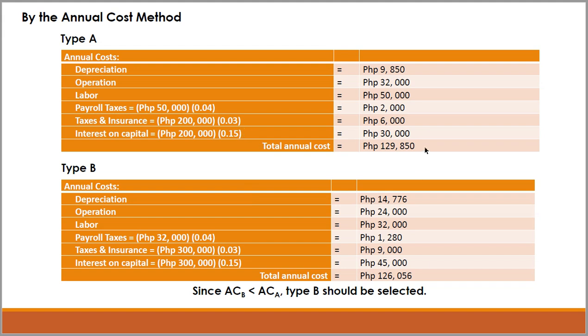So we have a total of 129,850 for type A, and for type B we have 126,056 pesos. So in this case again, type B should be selected because its annual cost is cheaper.